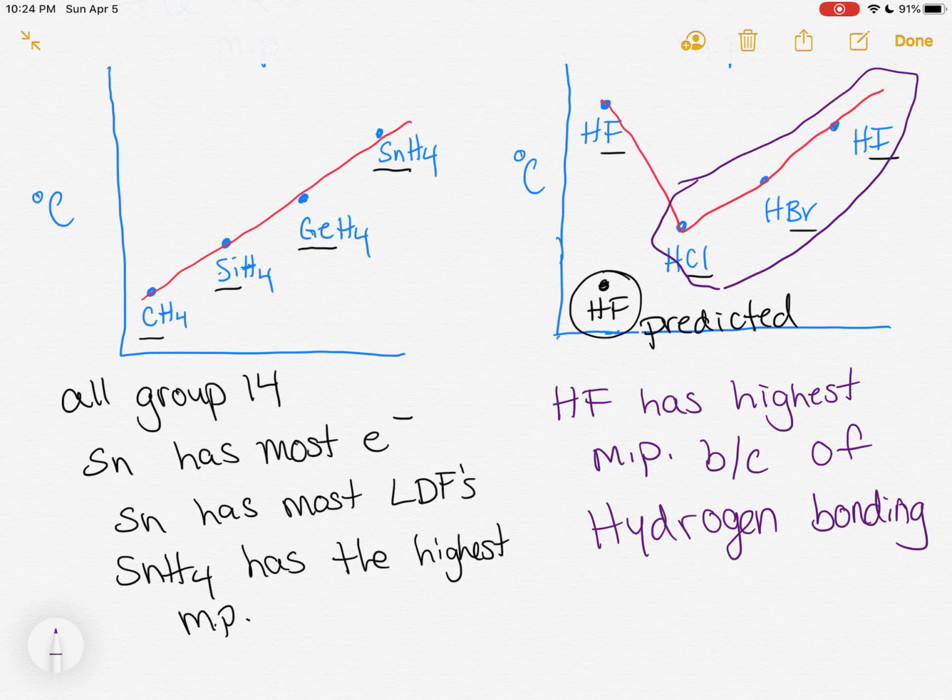This is extremely important when we're looking at water because water has a really high melting point and boiling point compared to what it should be if it didn't have hydrogen bonding. Hydrogen bonding is the reason why water boils at 100 degrees Celsius and melts at 0 degrees Celsius. If we didn't have hydrogen bonding, the melting point and boiling point of water would be significantly lower.